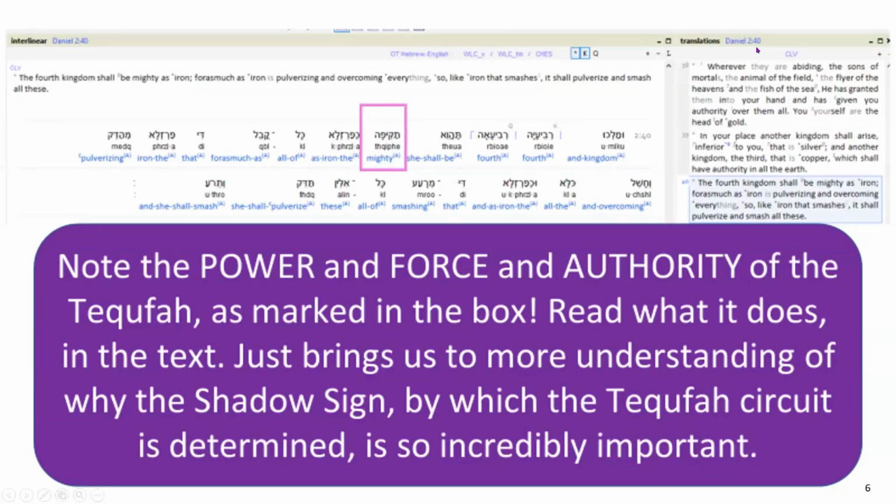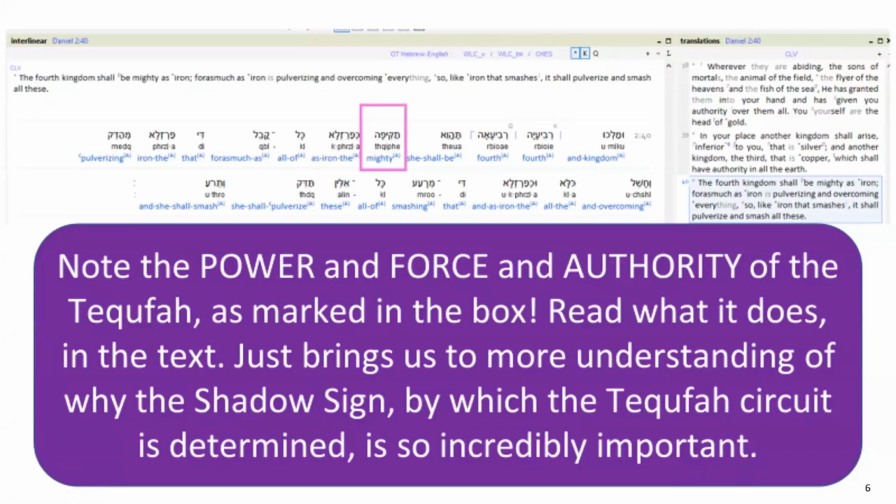This is pretty interesting. This is a description through the word Tekufah. So this is a nation, and a nation has a circuit in that which it does. It has a process. It moves along, and it moves along with an incredible power, pulverizing, overcoming.